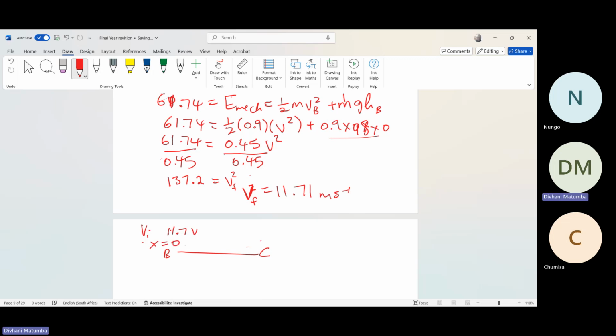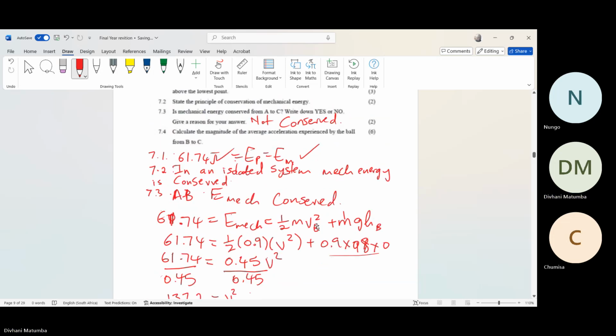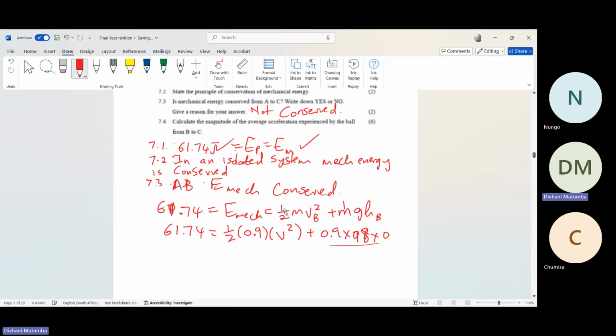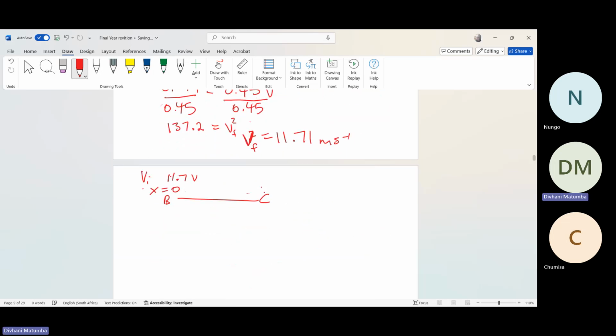And what will be the displacement at C? Is it going to be 10 centimeters? It is going to be 10 meters. 10 meters, you're right.